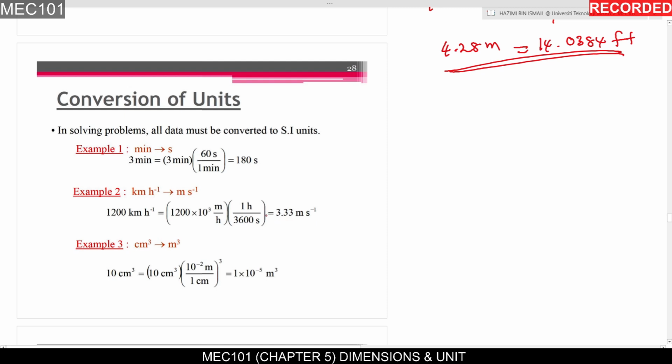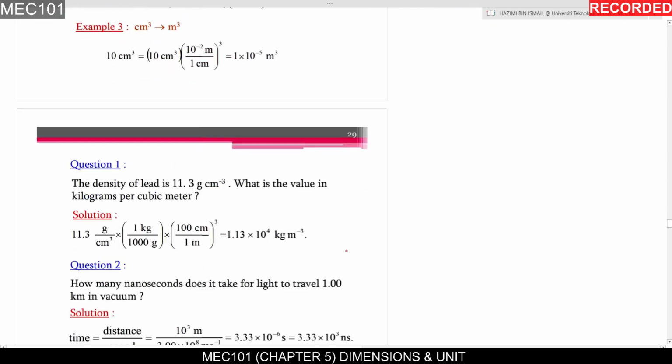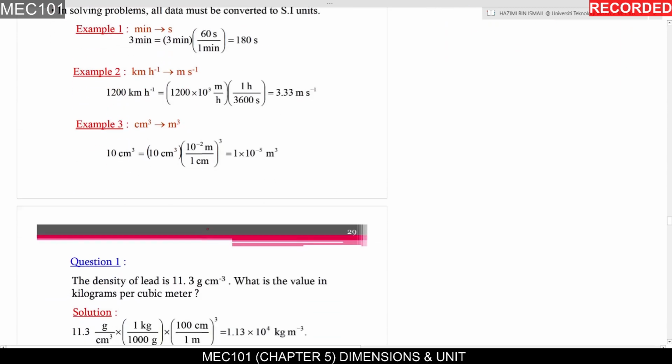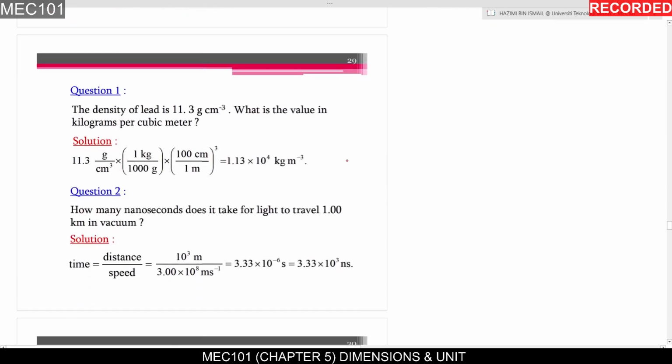When you practice, you are going to get the concept or the fundamentals behind the unit conversions. Unit conversion is on the basic side, but the basics are the most important thing before you go deeper into the engineering fields. So you must try the questions and the examples here, and that's it for our video today.